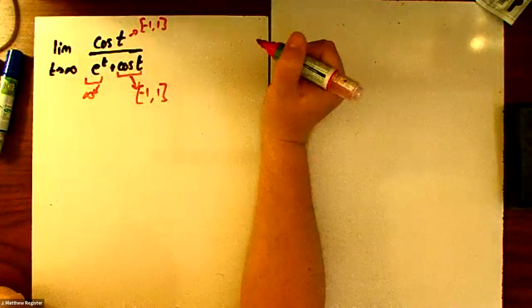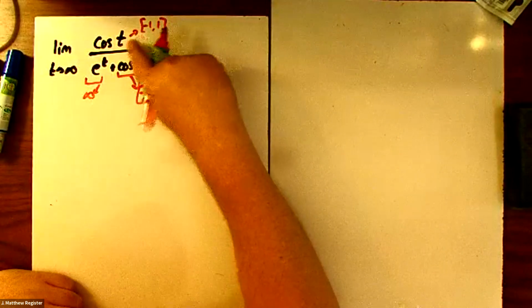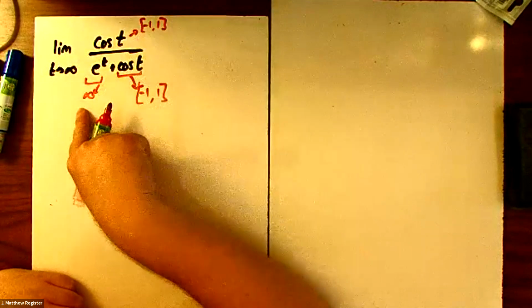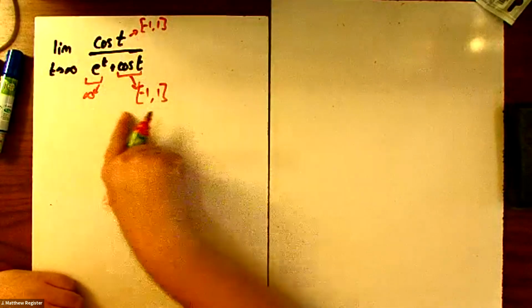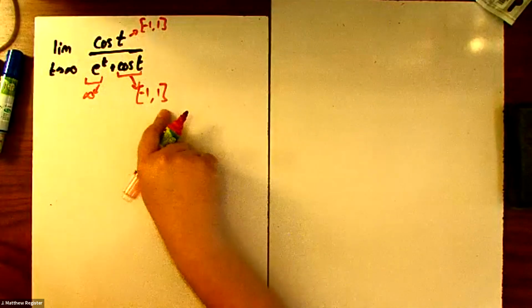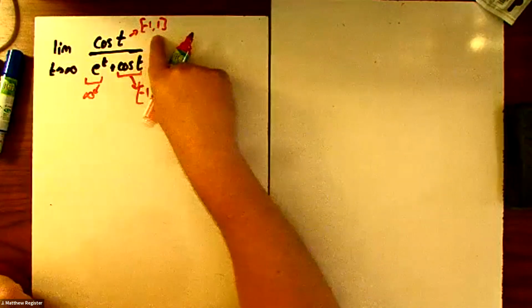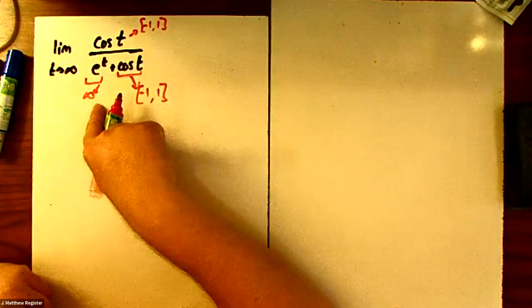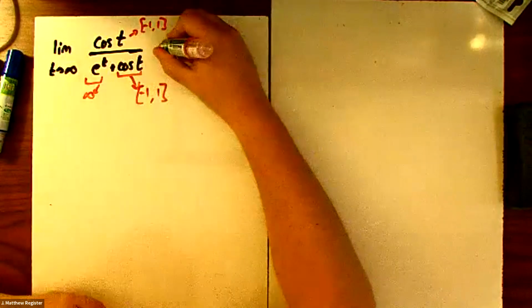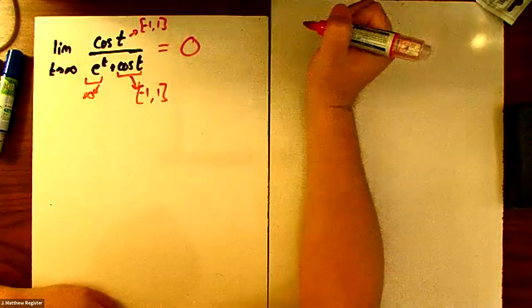And so analyzing the structure of this function, we have something that remains bounded between -1 and 1, divided by something which is going to infinity, because infinity plus -1 to 1 is still infinity. And since we have something finite in the numerator and something infinite in the denominator, this is going to go to 0.